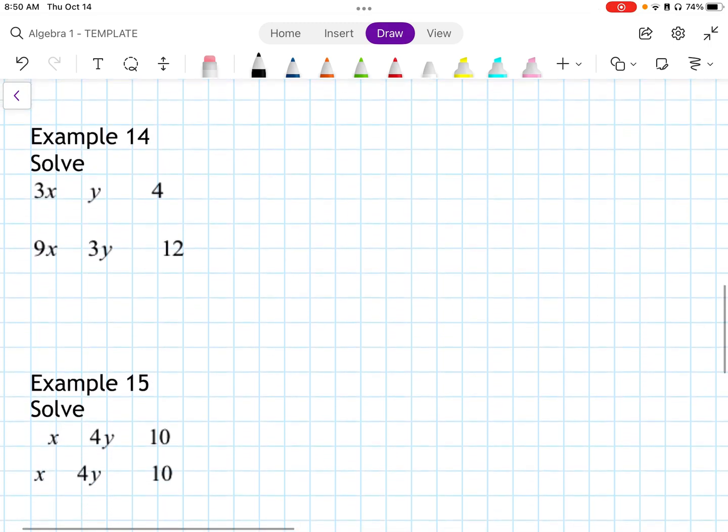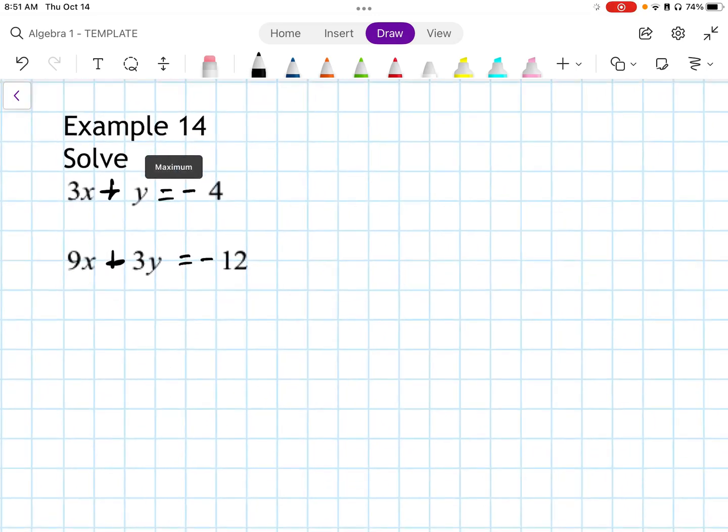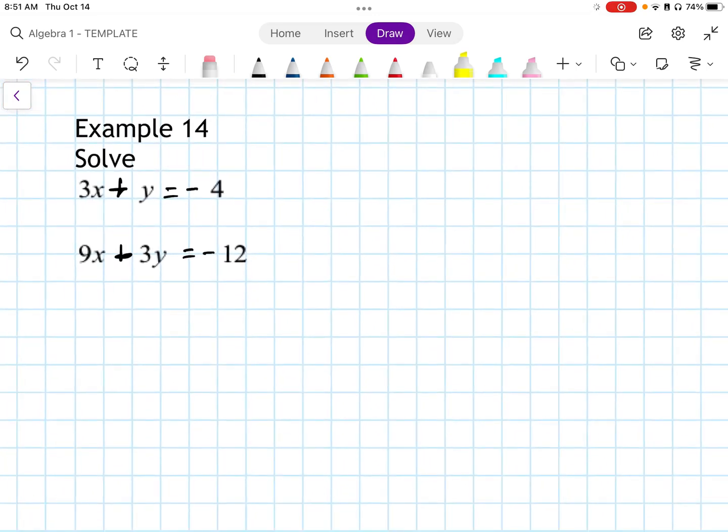All right, example 14. This should be 3x plus y equals negative 4, and 9x plus 3y equals negative 12. Looking at these, I notice that 3 to 9 is multiplying by 3. 1 to 3 is multiplying by 3. Negative 4 to negative 12 is multiplying by 3.